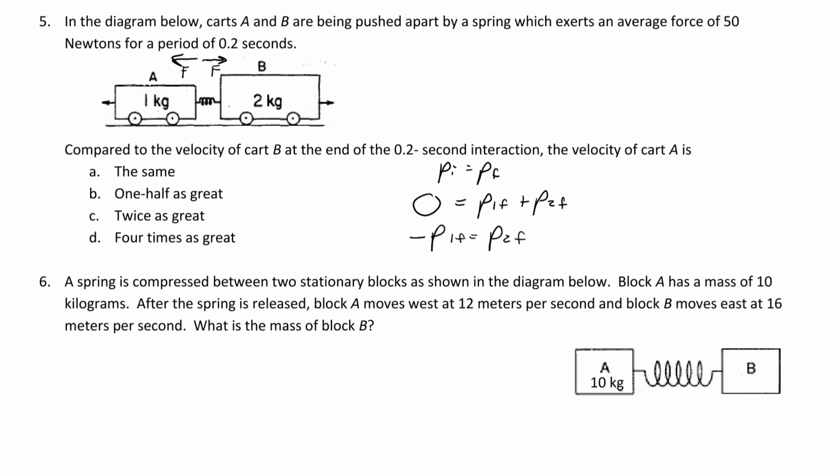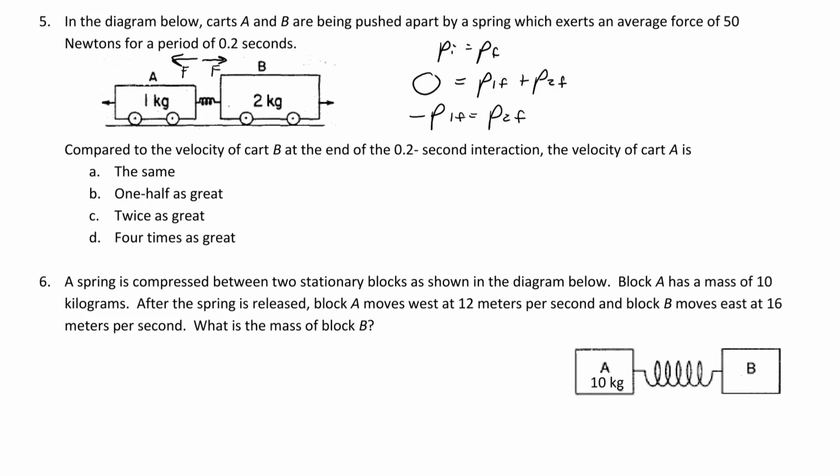And what do we know? We know P is equal to MV, right? So now we have negative MV for the first one is equal to MV for the second one. Oh no, it's just positive because it's moving to the right, and that's what it is up here. All right, so we're just using the math to describe it.